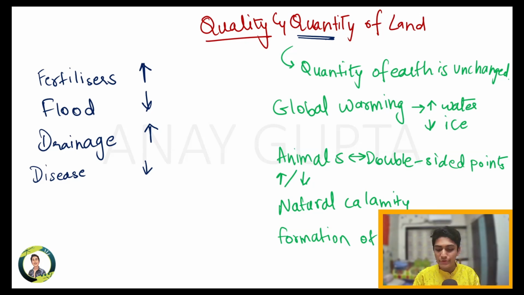And these examples are not really in the textbooks, but you could just work your brain on natural resources and why some natural resources might increase or decrease over time, right? But generally the quantity of natural resources is balanced overall, and it does not really change significantly over time. Okay, so that is the quality and quantity of land.